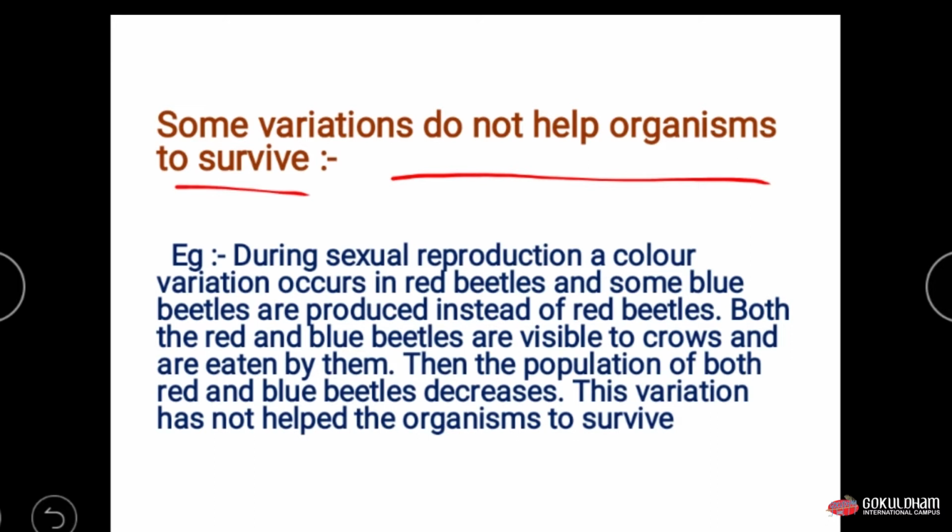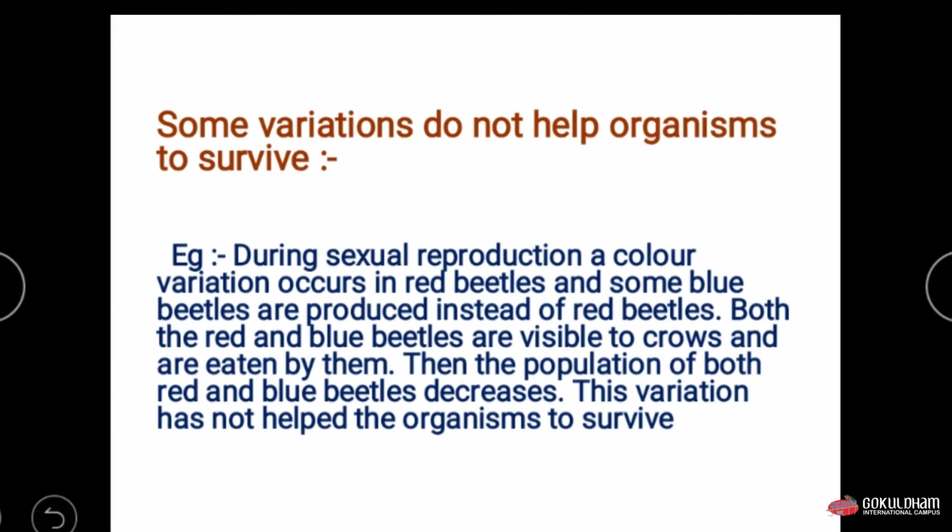Here the blue color is easily visible to the crow, and the crow can eat those blue beetles. Then the population of both the red and blue beetles continuously decreases. So here the variation occurs, but this variation does not help the organism to survive in that particular condition.